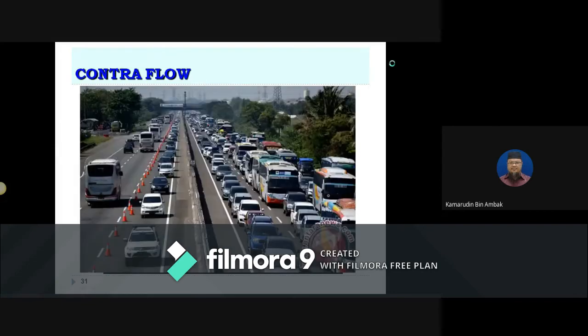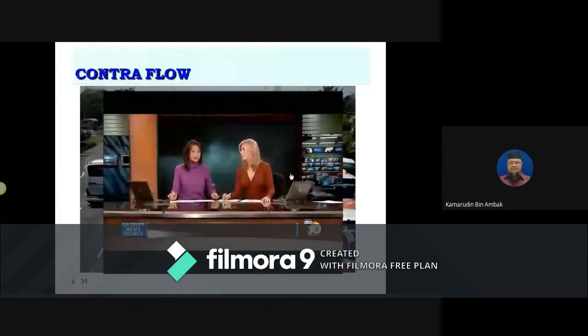Okay, I just shared the video on the technology they use to provide an additional extra lane for contraflow. Typically, the agency may use a barricade or cones to construct an extra lane for contraflow.